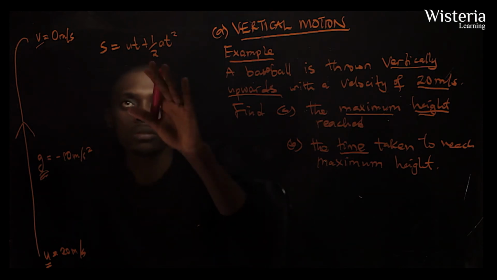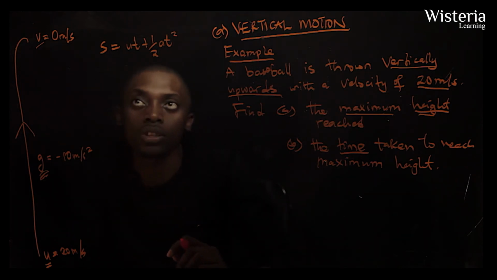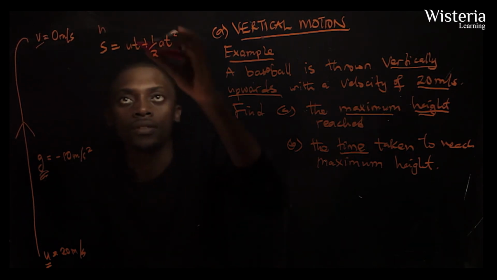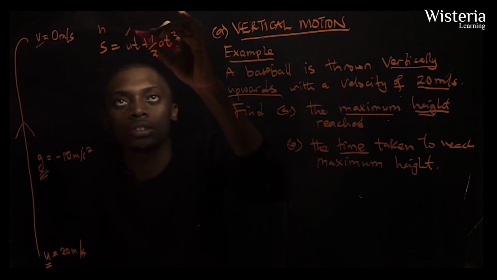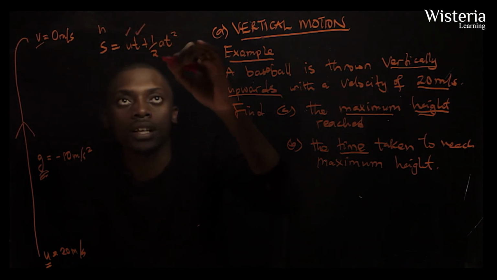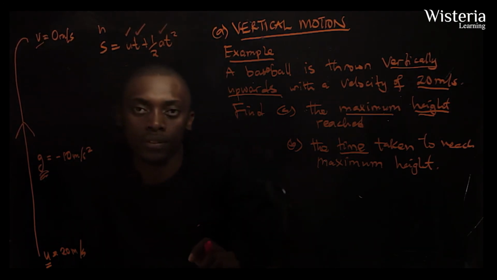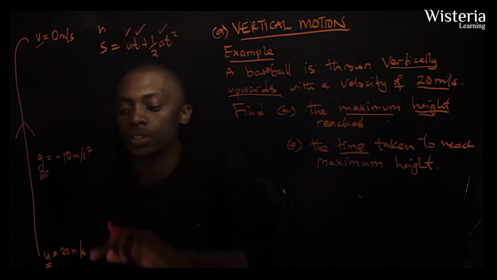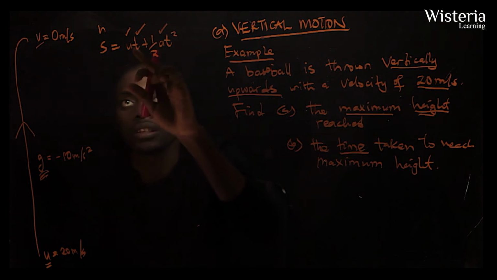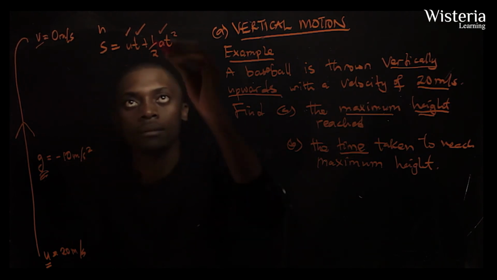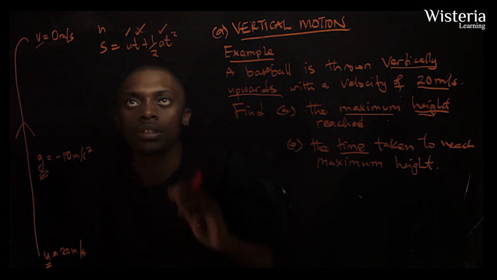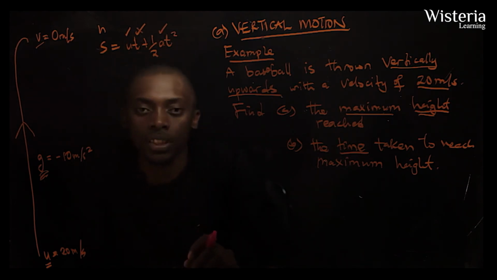So when do we use this equation? We use it if we want to find the height given the initial velocity, the time, and the acceleration due to gravity. If you compare our variables there, we have the initial velocity, which is 20. We don't have the time, so we cannot use this equation, because there are 2 variables missing.